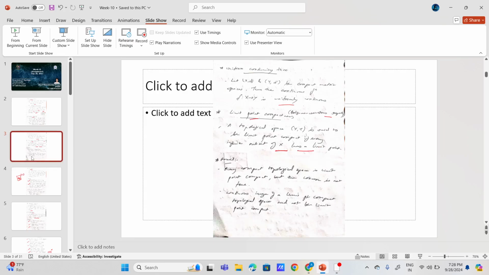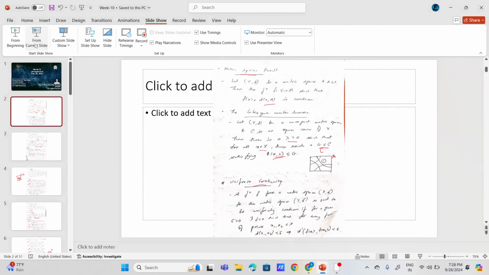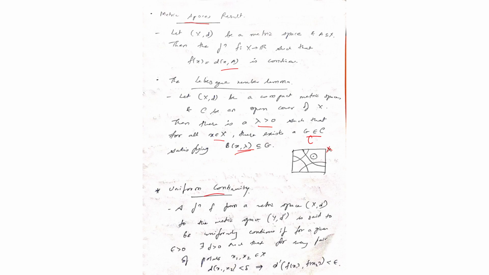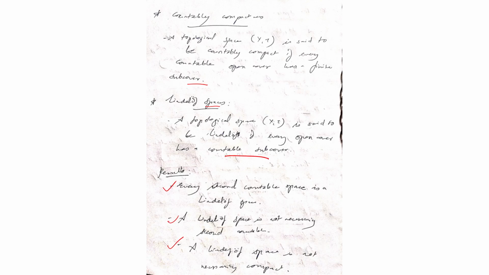So other things like you asked about one point compactification, and Lebesgue lemma, uniform continuity and even space. Have you gone through this part? Yes, ma'am. I have gone through the lectures of this week, but not the previous ones, in which I have a doubt. Okay. So the questions or topics you want me to discuss.